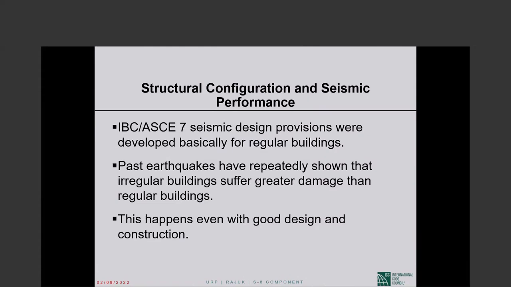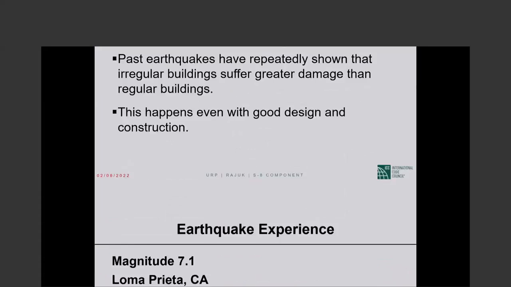This happens even with good design and construction. It is the configuration that is the problem, not the design and the construction. By proper design and proper construction, you can improve things, but the problem remains. So irregular buildings attract more damage to themselves.